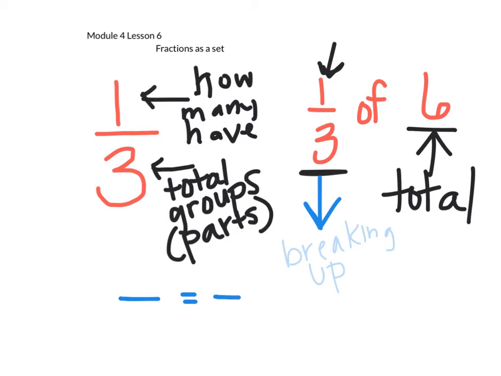Fractions are the same as division. So if we're going to be looking for 1/3 of 6, our answer is going to be smaller because we're splitting up 6 into 3 pieces and only focusing on one of those pieces. So that would give us 1/3 of it, or only a portion of 6.